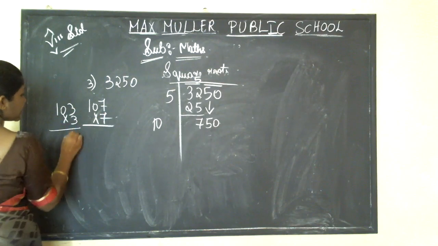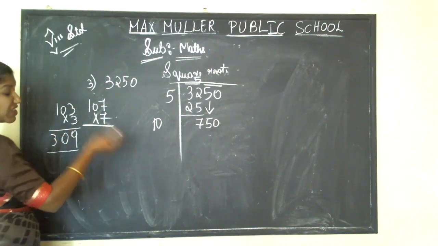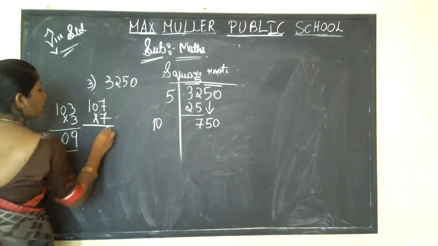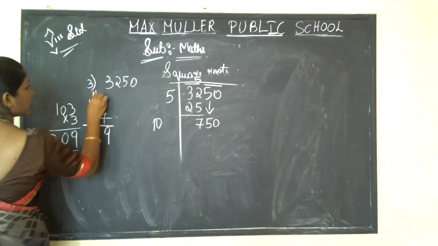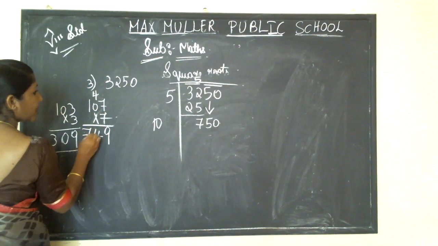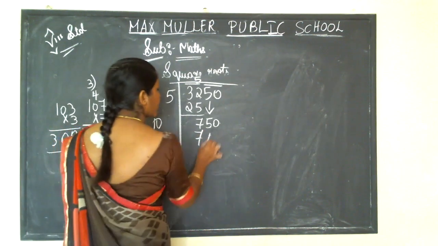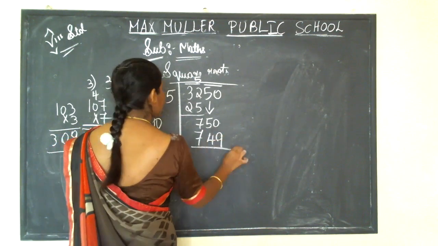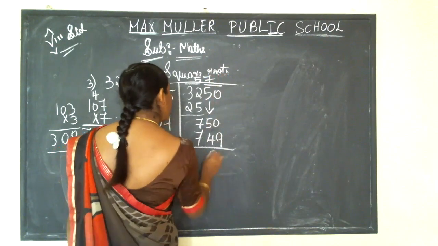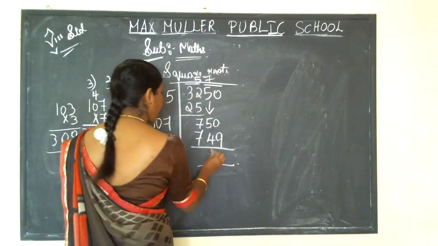So here 3 3s are 9, 3 zeros are 0, 3 1s are 3. So no, it's too far from 750. So now 7 7s are 49. 7 zeros are 0, 4 as remainder, 7 1s are 7. Nearer to 749. One digit less here. So 107 into 7, if you do, you will get 749, so the remainder is 1.